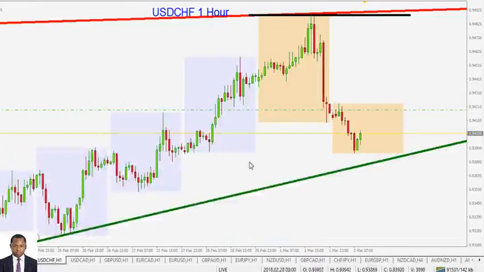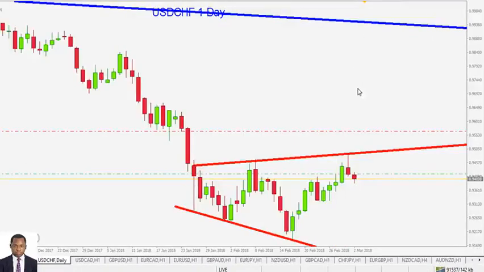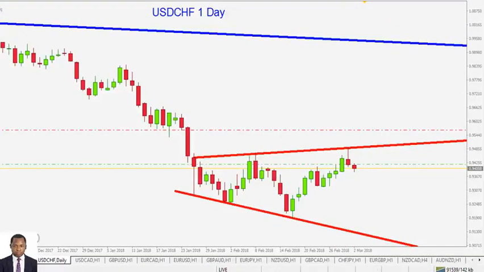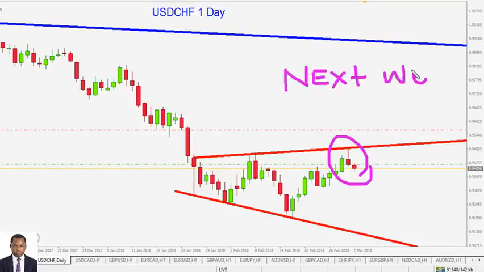Anyway, American dollar against the Swiss franc. Yesterday we took a short entry in this pair. For this trade, we are actually not going to do anything to this trade for this week. This trade is going to run for the whole of next week.